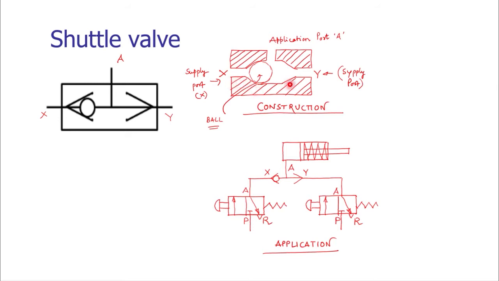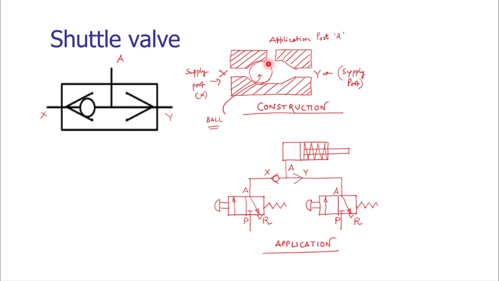If port X is getting compressed air, the ball will get displaced and block the passage for port Y, and the compressed air from port X will be given to the application port A.